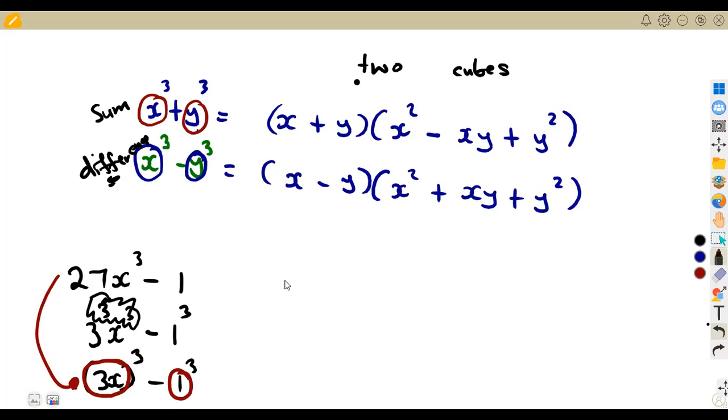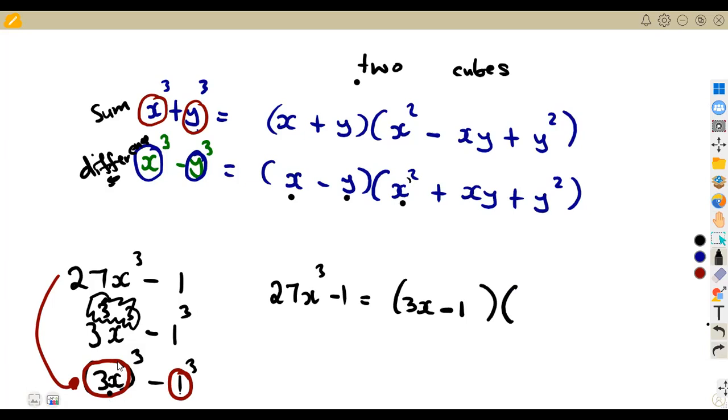So on the simplification of this, the factorization of 27x cubed minus 1 is supposed to give us first bracket, which, because we're subtracting, is supposed to be first minus last. So the first, which is 3x, minus the last, which is 1, into the bracket of the first squared.